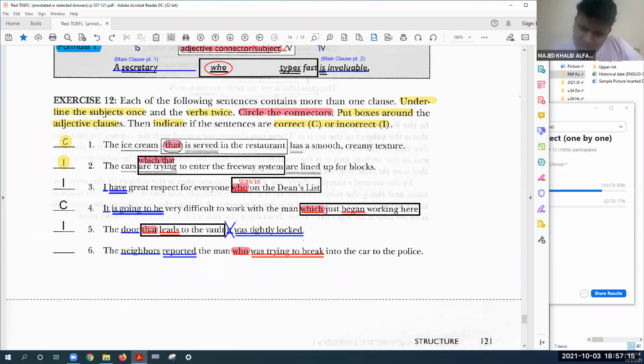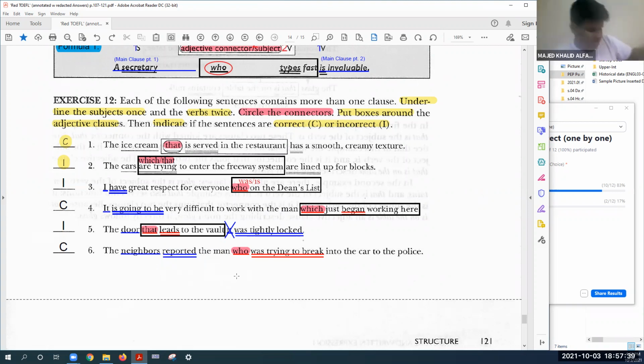Double subject. Is it a double subject? We have a verb here, right? Reported is a verb. The man is an object, I think. It follows a verb, right? So it is an object. Okay.